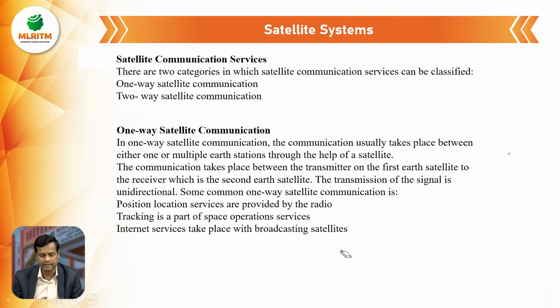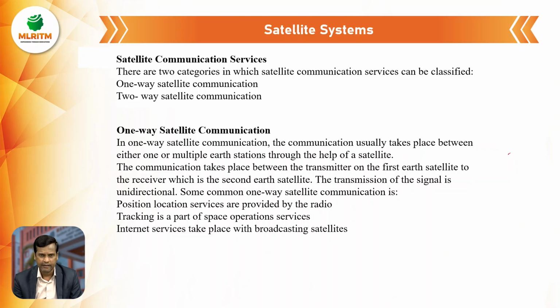In one-way satellite communication, the communication usually takes place between one or multiple Earth stations with the help of a satellite. The communication takes place from the transmitter at the first Earth station to the receiver at the second Earth station. The transmission of the signal is unidirectional.